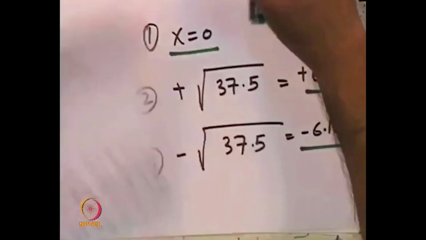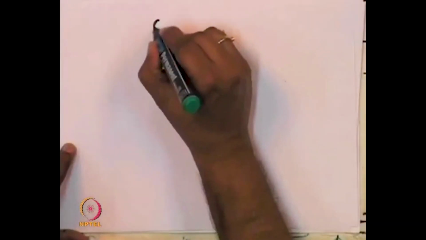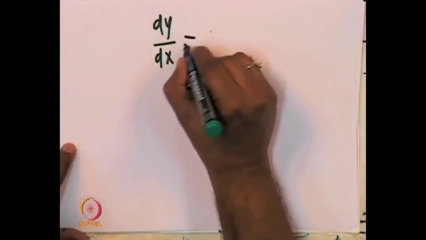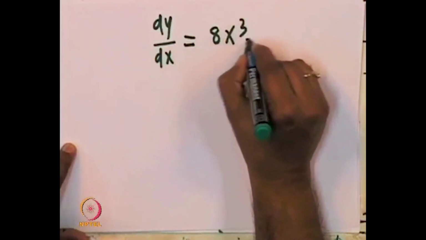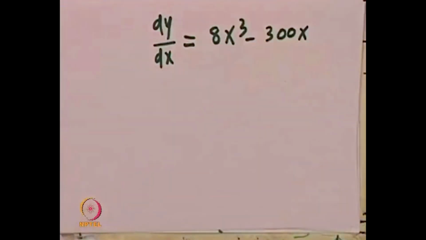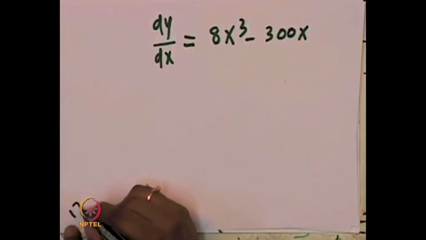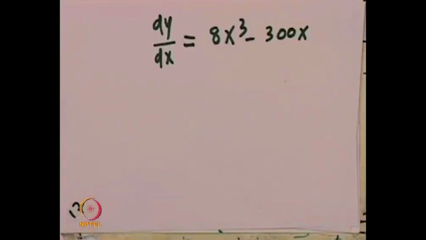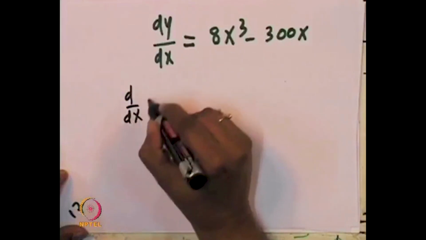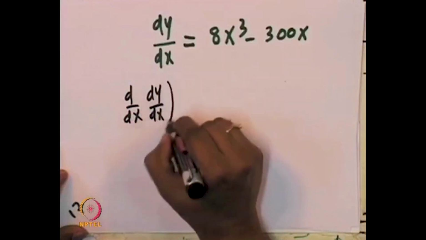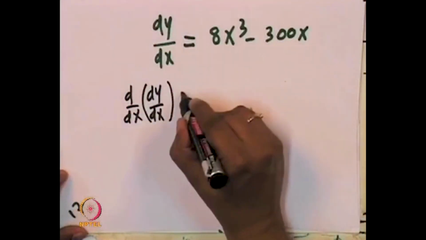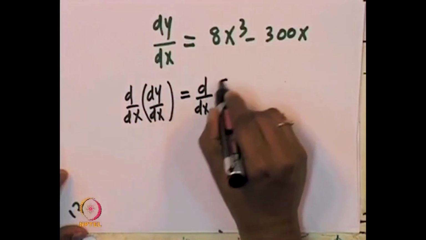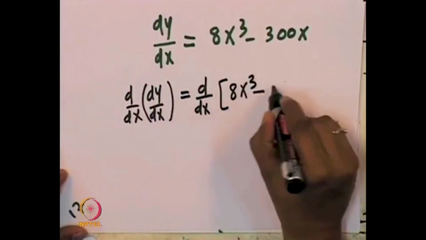Let us go ahead from here and find out the second derivative. The second derivative is d by dx of dy by dx, one more derivative of 8x cube minus 300x.